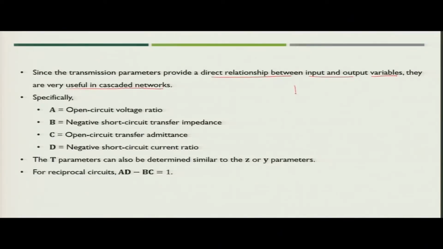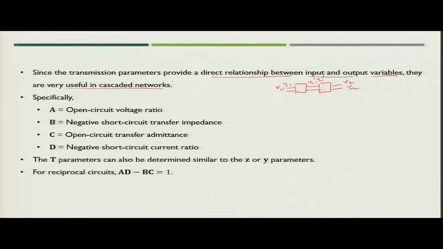That means, if you have two networks connected in cascaded fashion, the parameters are V1, I1, intermediate parameters V1 dash, I1 dash, and at the output you may have V2 and I2 as variables.